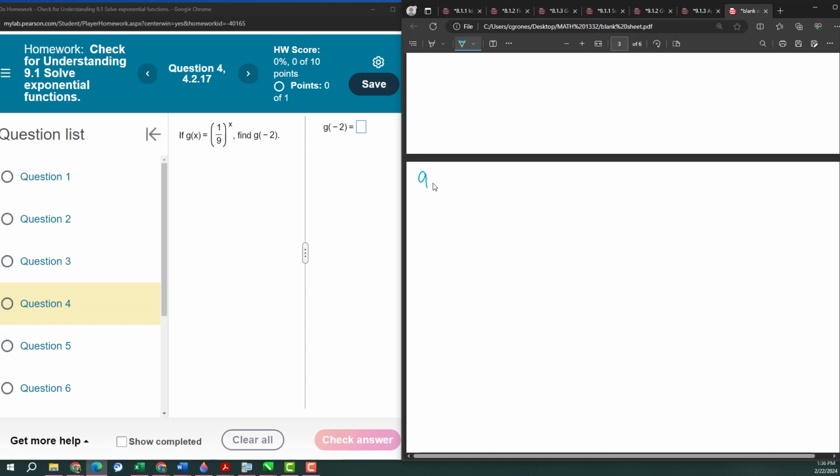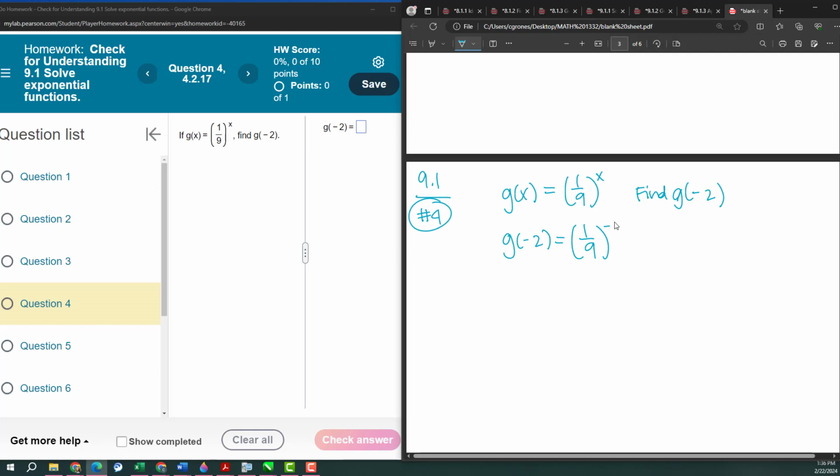So 9.1, number 4. They give us that g of x equals (1/9) to the power of x. We want to find where x equals -2, but they give it to you like this, g of -2. So for g of -2, we are going to plug in -2 for x.